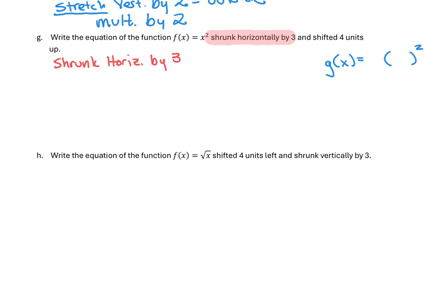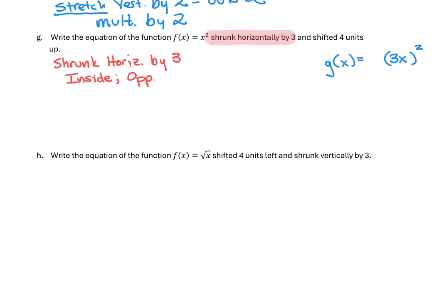So the first thing we have is it does say horizontal, which means inside. And remember that we want to do the opposite. When we say shrunk horizontally, I'm thinking divide by 3, but inside my function, that means I want the opposite of this, and so inside my function, I want multiply by 3. And so we are going to have inside our function 3x.